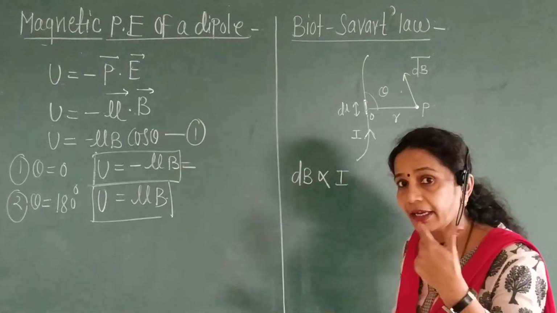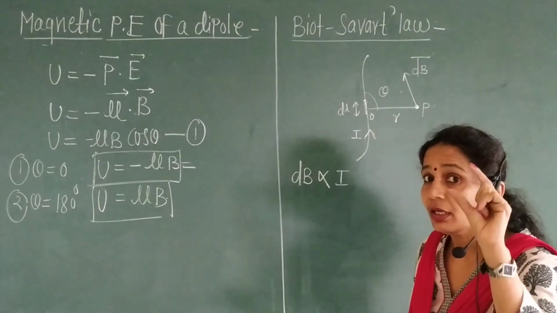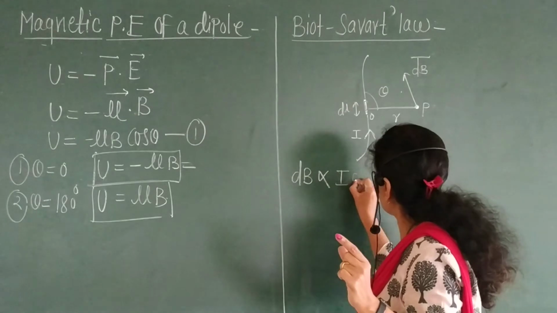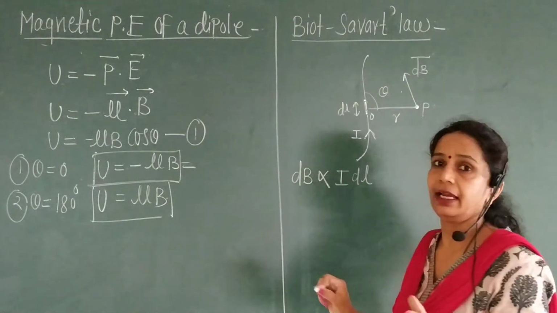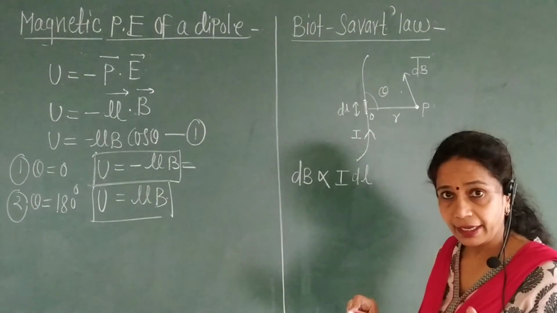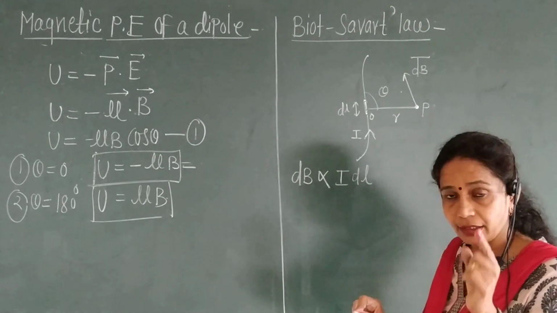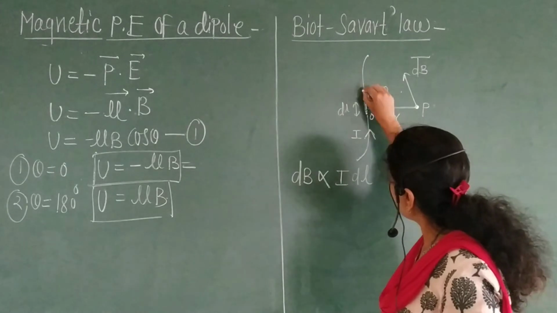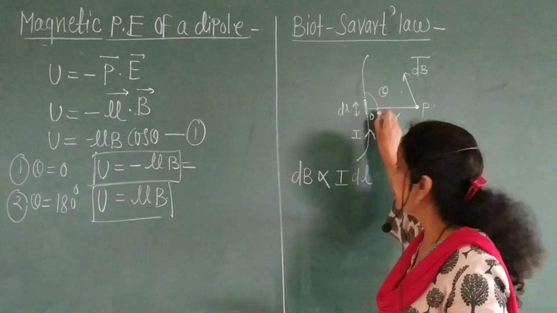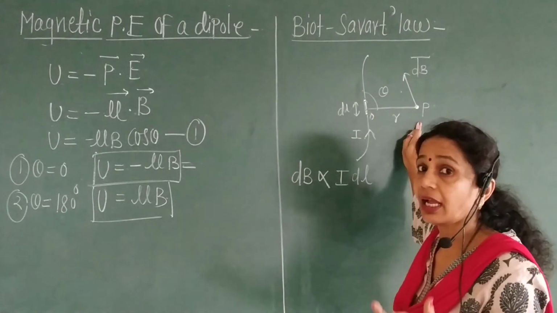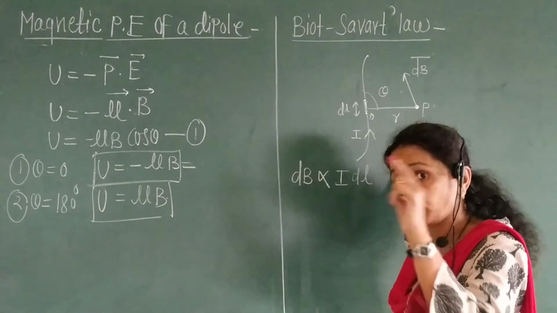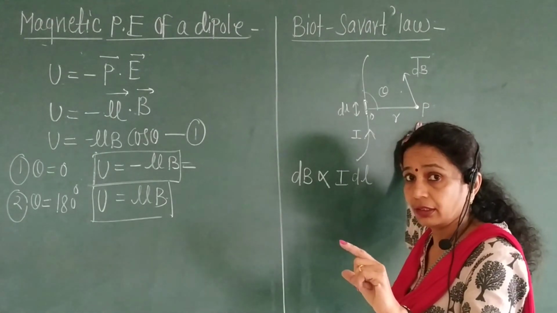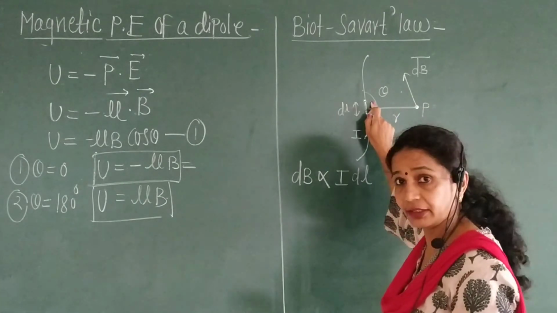I. It is again directly proportional to the length of the element, dl. And it is again directly proportional to the sine of the angle between dl and the line OP. That angle is theta.